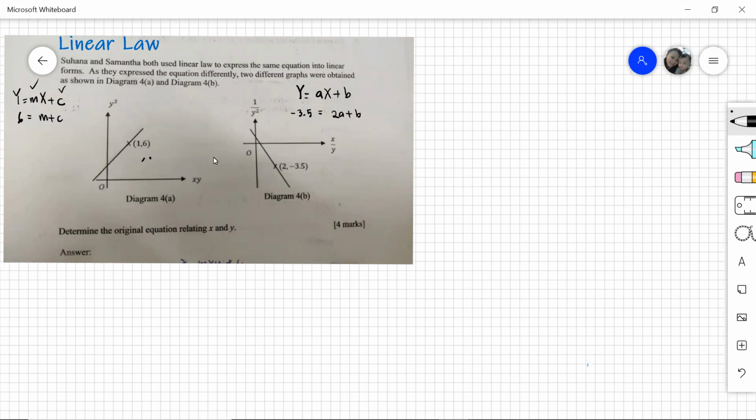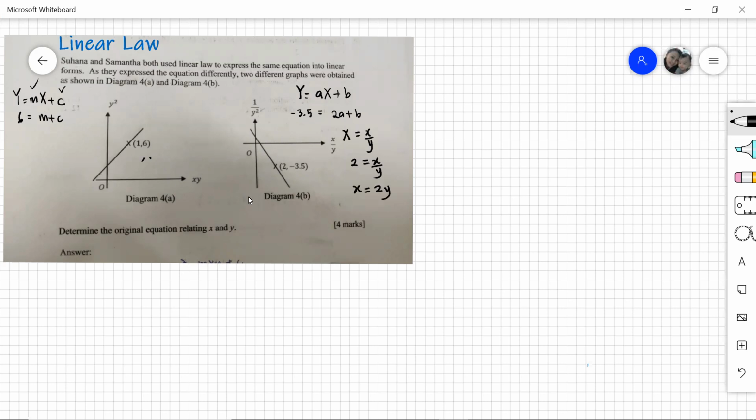We have to get help from diagram 4b, because from diagram 4b, we know that the capital X is actually x over y. In this case, our x value is 2. So 2 equals x over y. That means x equals 2y.